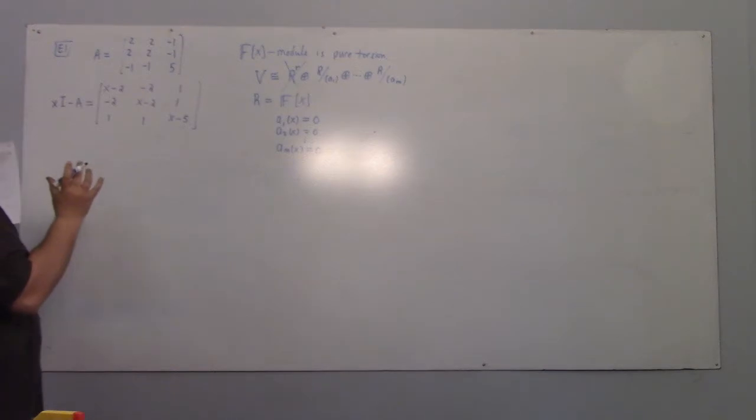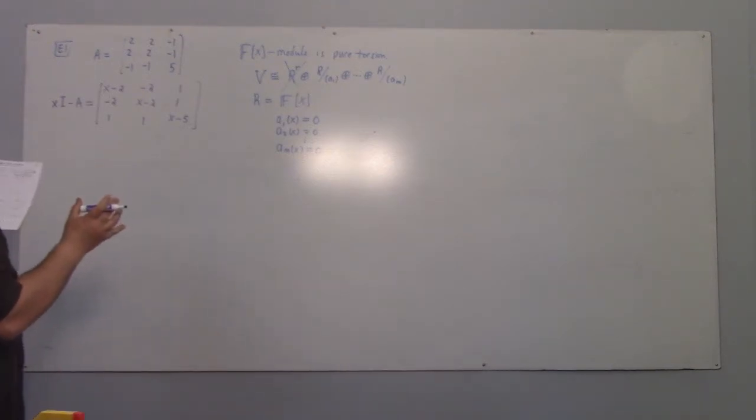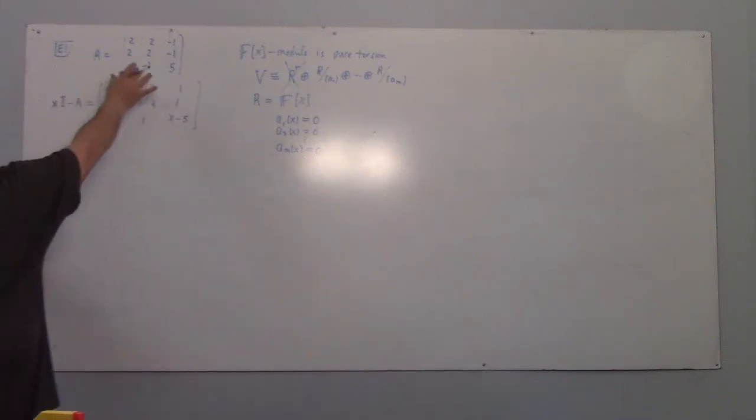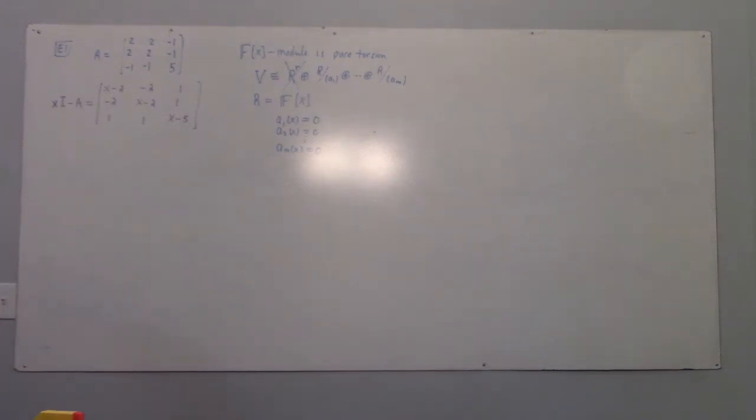So this matrix describes the F[x] module relations that correspond to the transformation of that matrix.